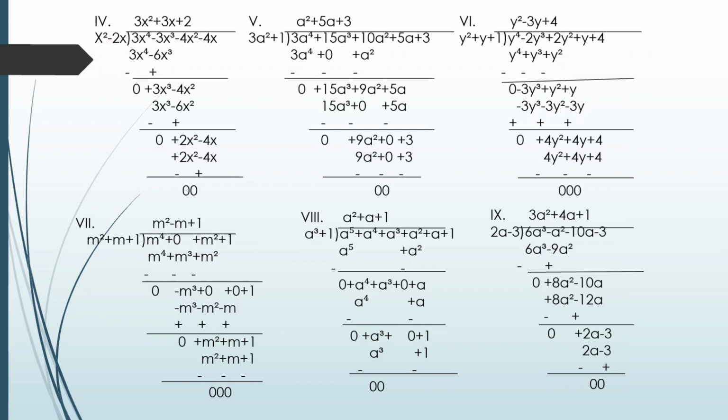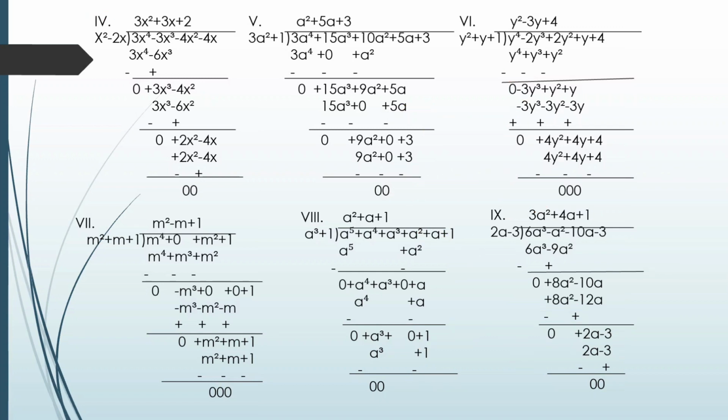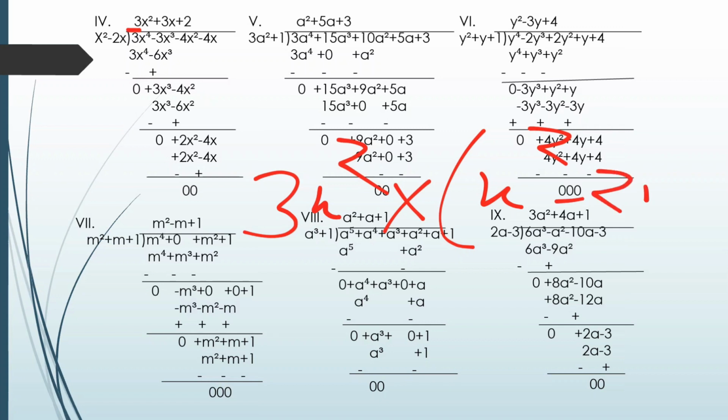Now in the same manner, 3x to the power 4 by x square. Now what will be the remaining value? 3x square. So here we have written 3x square. Now you have to multiply 3x square into x square minus 2x, which is our divisor. So when you multiply, you will get 3x to the power 4 minus 6x cube.